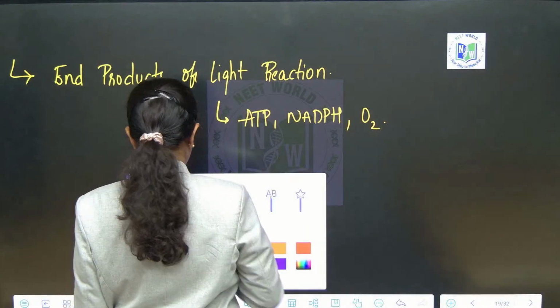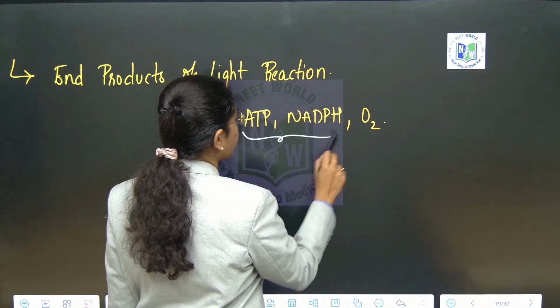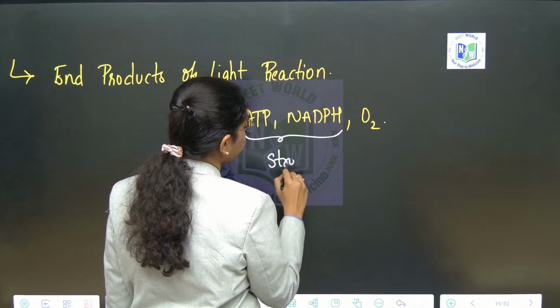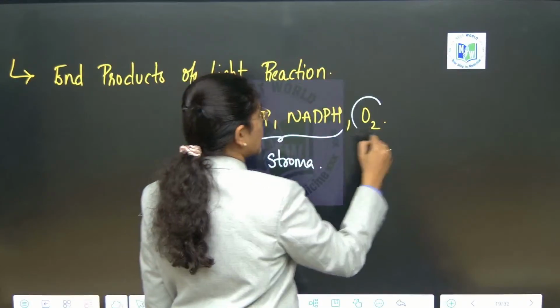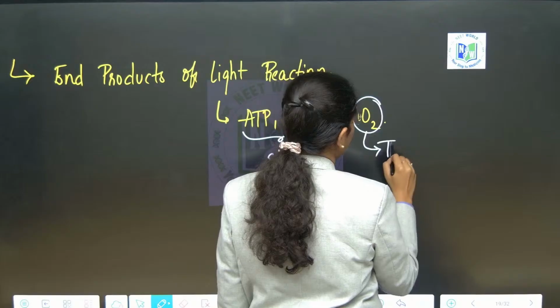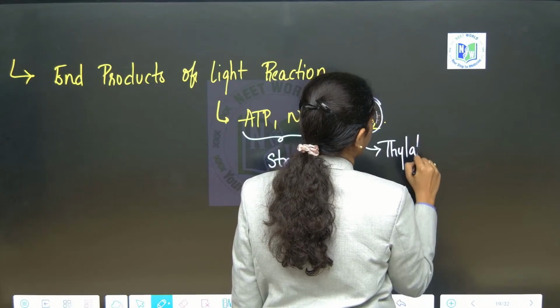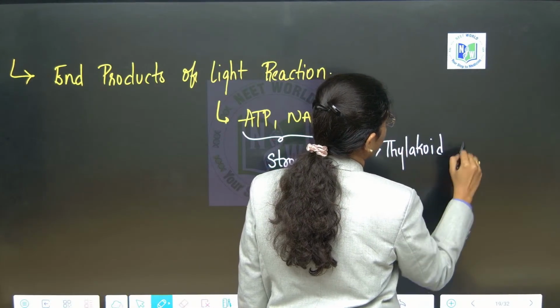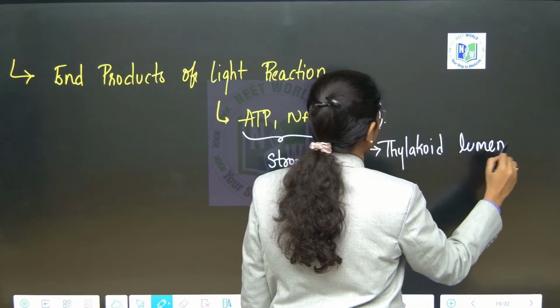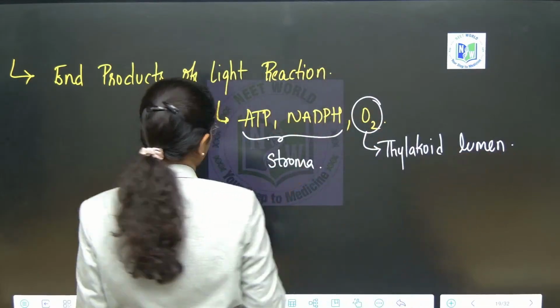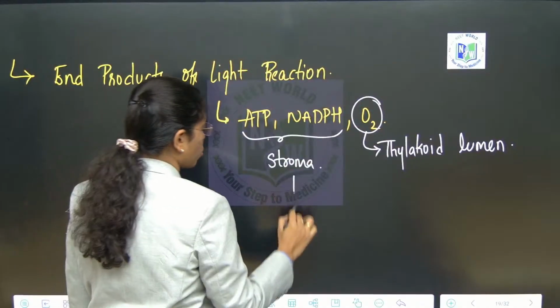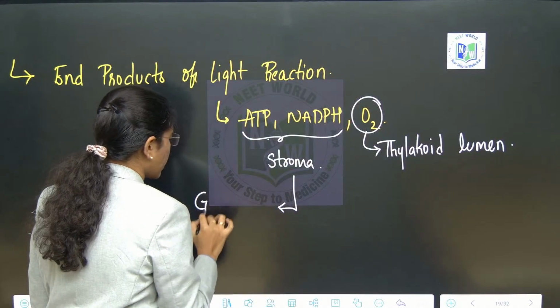ATP and NADPH are formed inside the stroma whereas oxygen is evolved inside the thylakoid lumen. Fine. Utilizing this assimilatory power which is released in the stroma, glucose formation takes place.